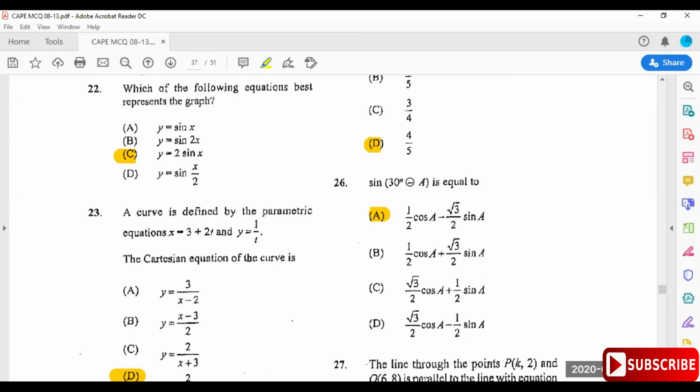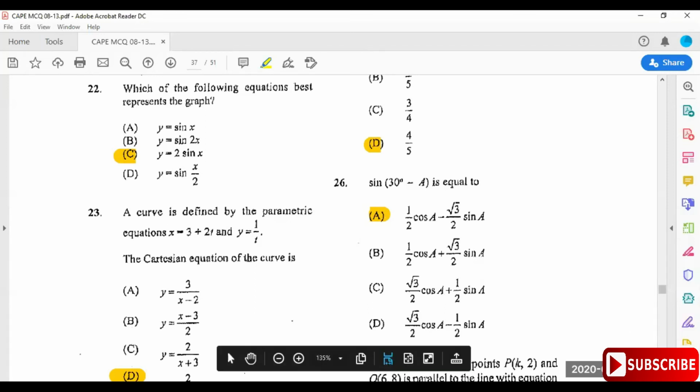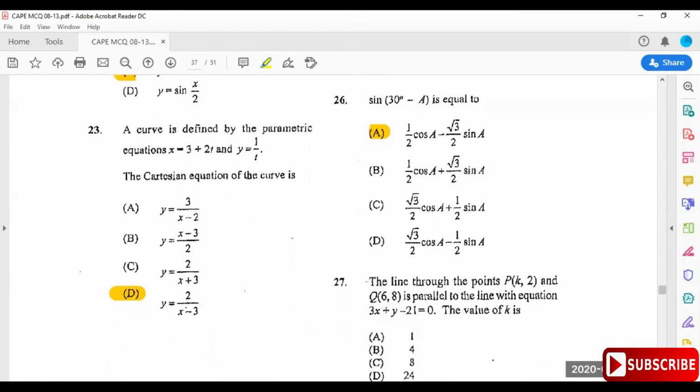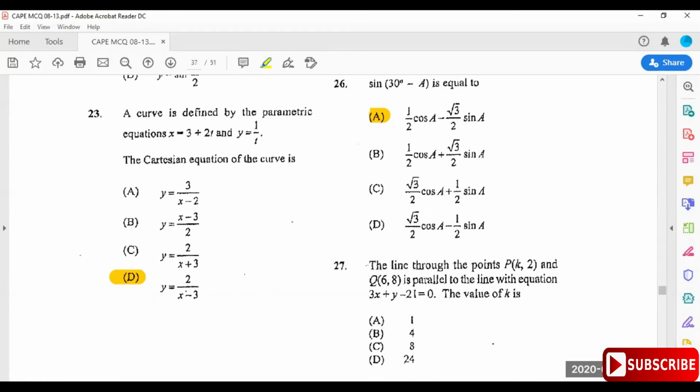And because you know it has to be followed by a minus sign, it has to be A. So that's the easy way to look at it. So that's 26, A.